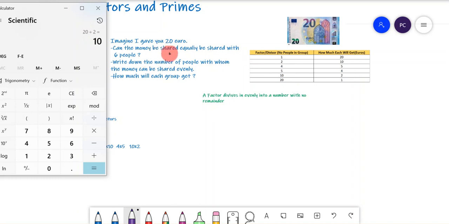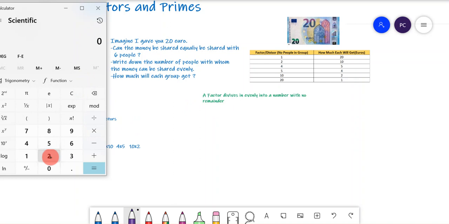So we can say that 2 is a factor of 20. Likewise, if we take that 20 and split it up between 4 people, 20 divided by 4, each person would get €5. So 4 is what's known as a factor of 20. It divides in evenly into 20.